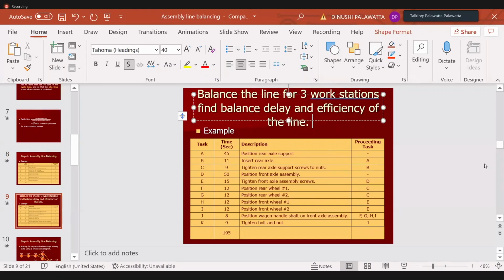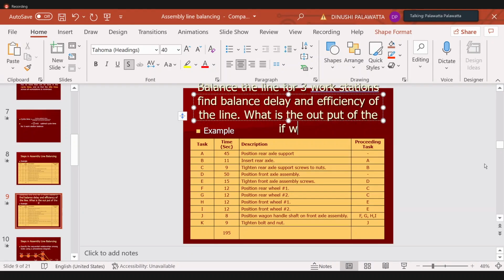So that is one thing, and then you can also find what is the output of the day if working hours is, let's say, 8 hours.